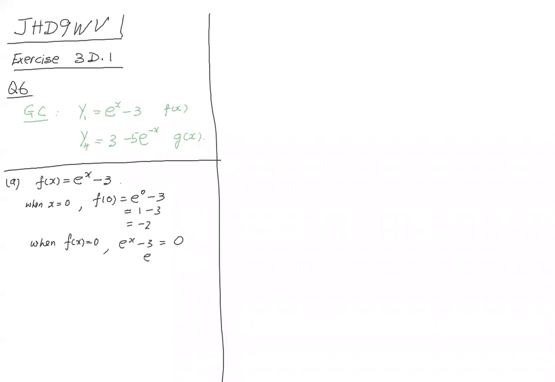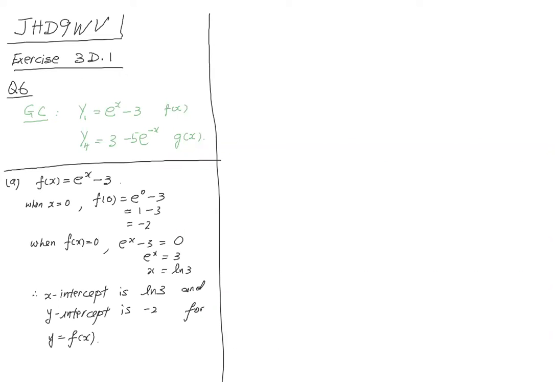So e to the power x is equal to 3, so x equals ln 3. Therefore, the x intercept is ln 3, the y intercept is negative 2 for y equal to f(x). So you state it clearly, you know what you are doing.